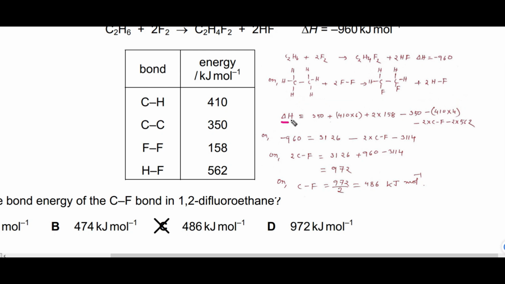So delta H is 350 for the carbon carbon bond, 1 bond, plus carbon hydrogen bonds, 1 2 3 4 5 6, 6 times 410. Then the fluorine FF bond, 2 into 158.